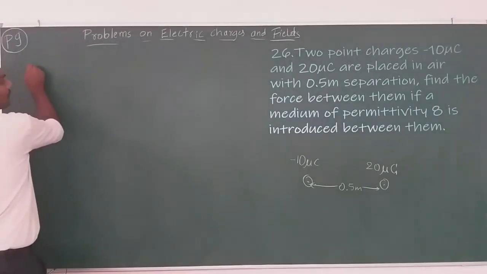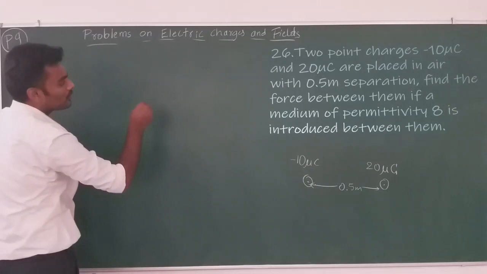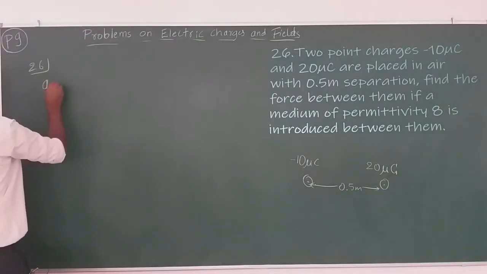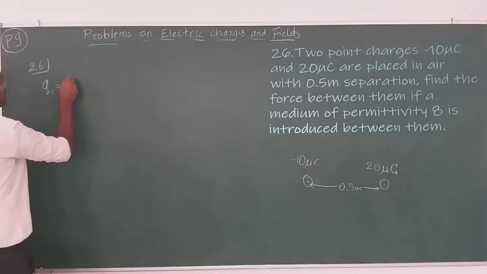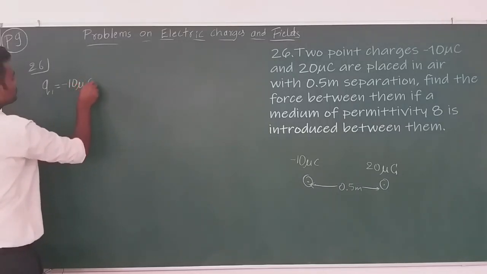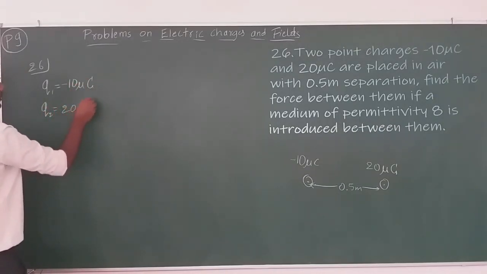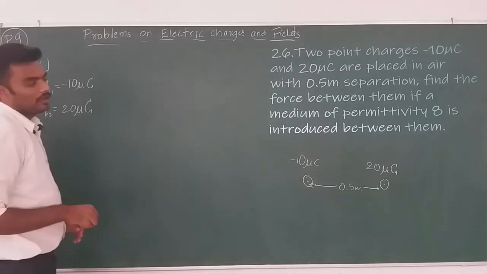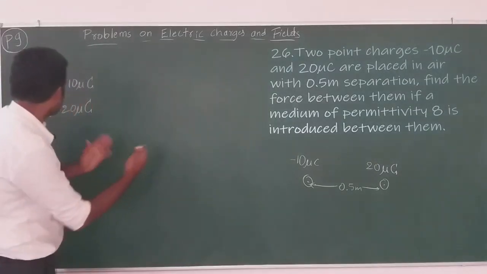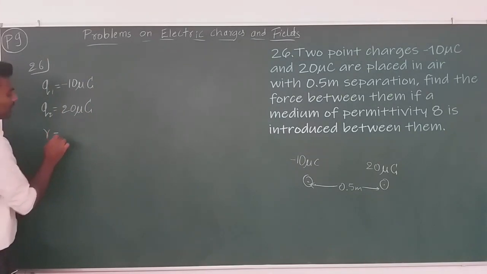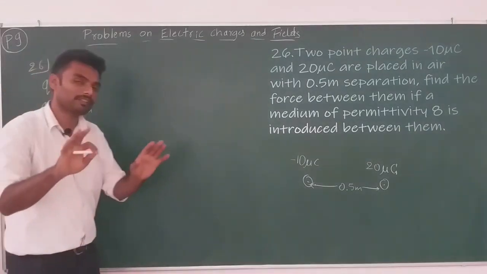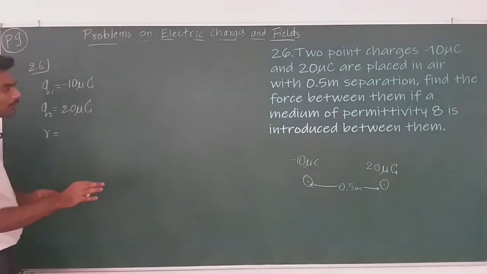So the solution for question number 26 is as follows. The two charges given: Q1 is equal to minus 10 microcoulomb, Q2 is 20 microcoulomb. The distance of separation, I can take as either d or r; both are fine.